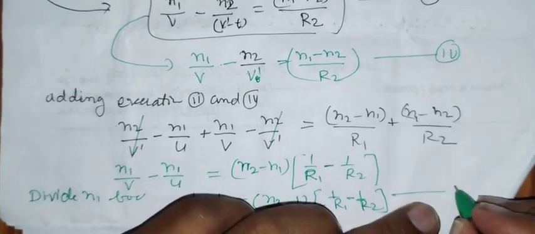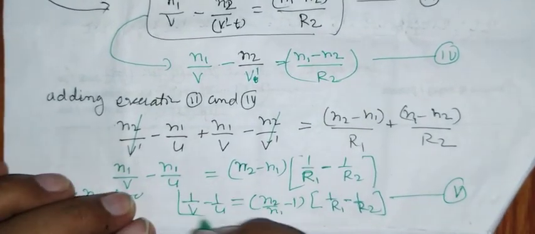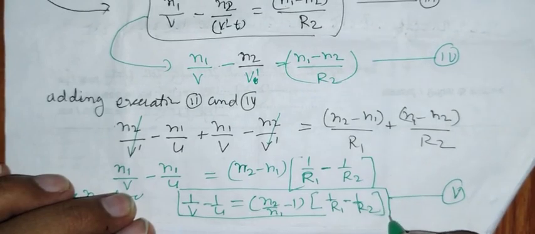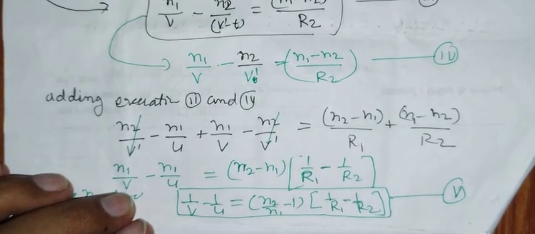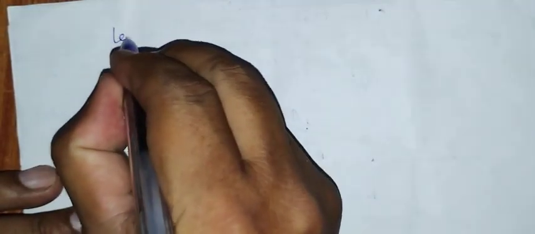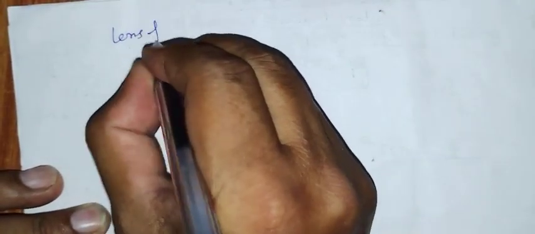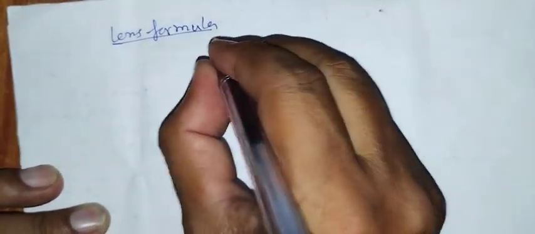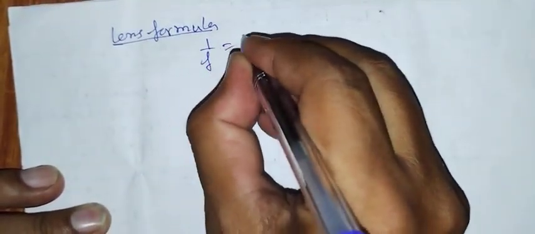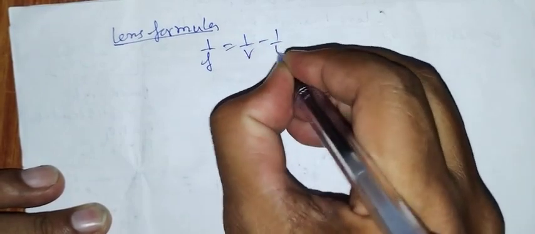This is equation number 5. Since we know the lens formula, 1 upon f is equal to 1 upon v minus 1 by u.